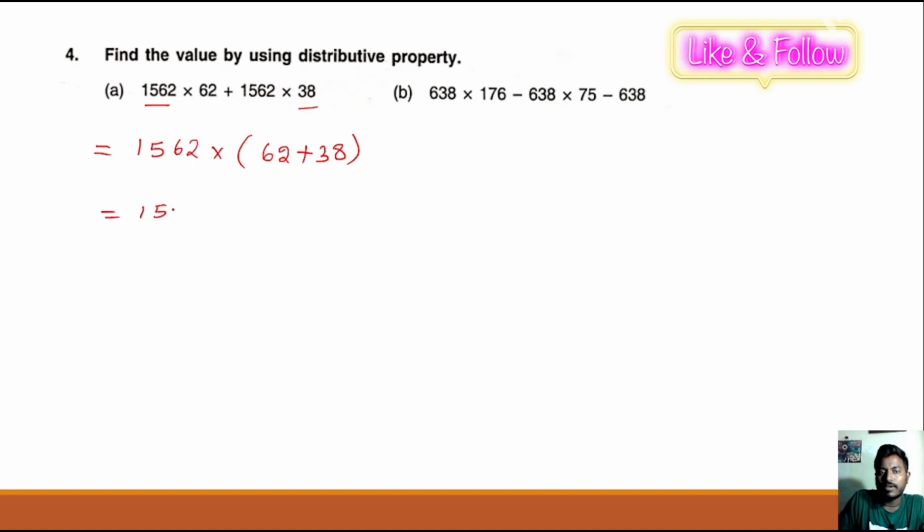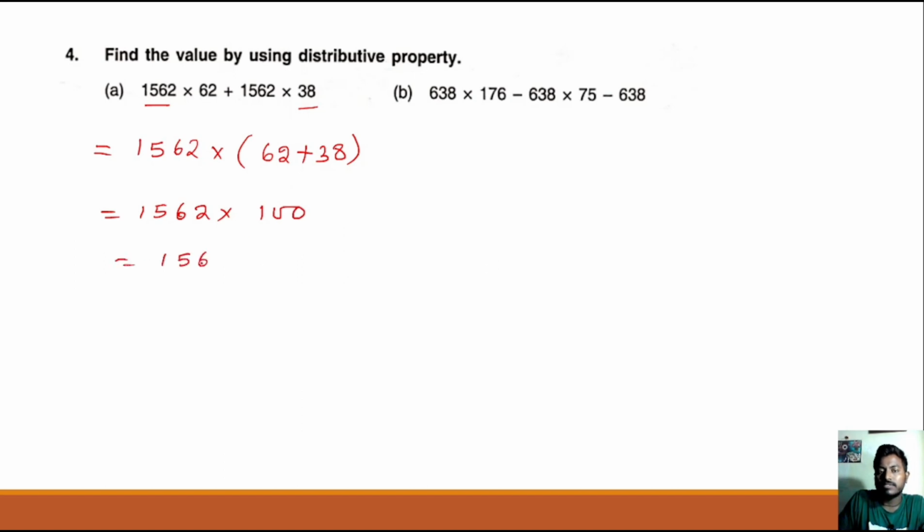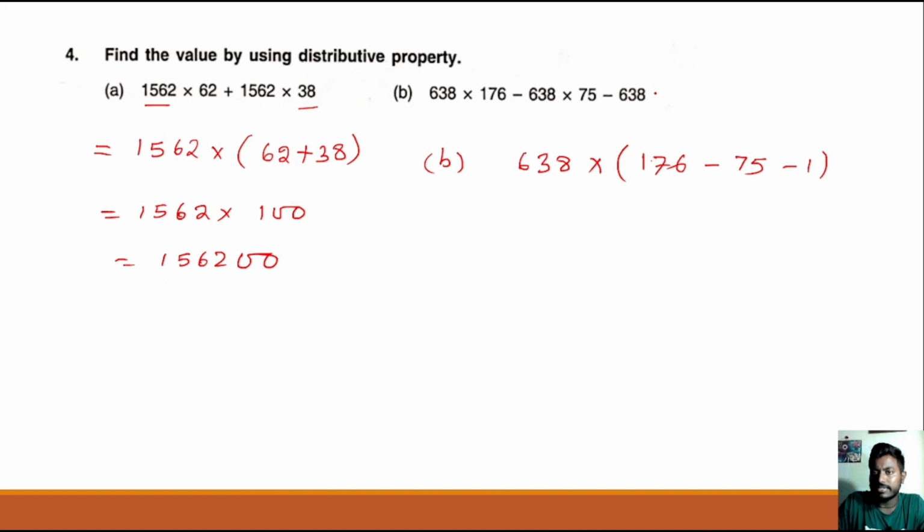Now 1562 into 100, 1562 00. Now B number, here take as common 638 into the remaining is 176 minus 75 minus 1, because 638 into we can write 1.